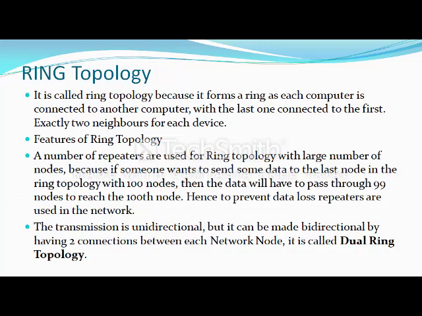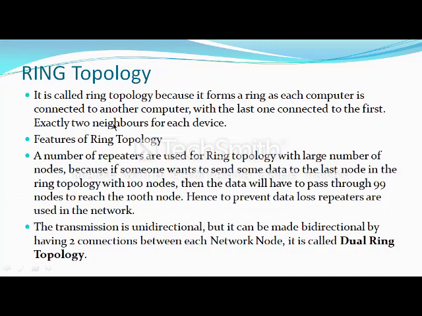Now ring topology. Why is it called a ring topology? Because it forms a ring, as each computer is connected to another computer, with the last one connected to the first one.